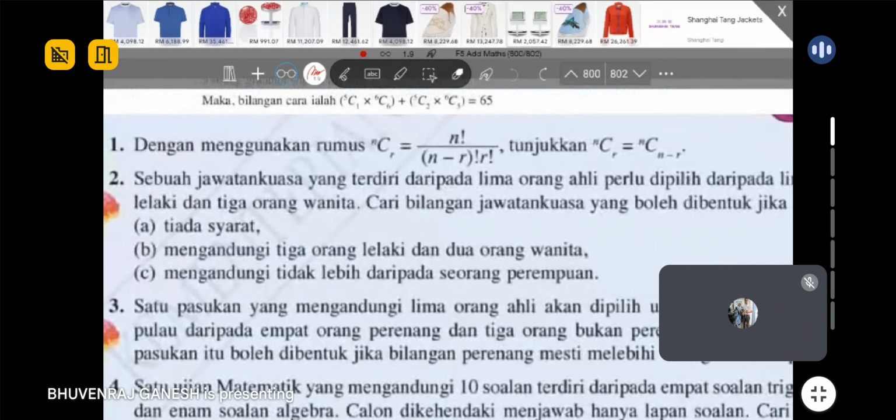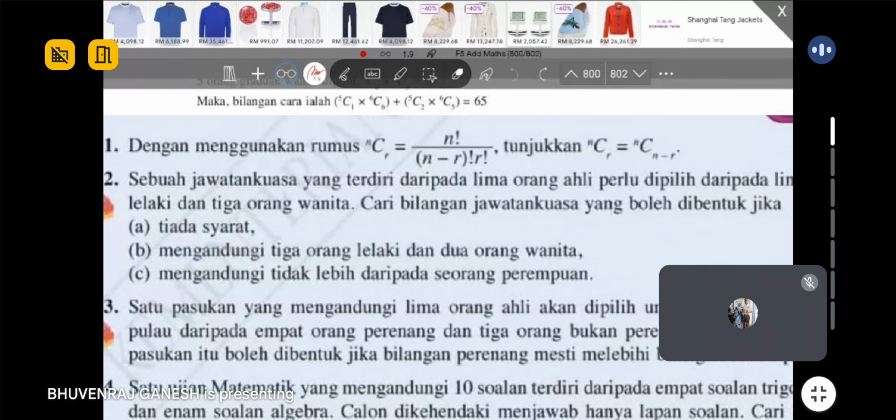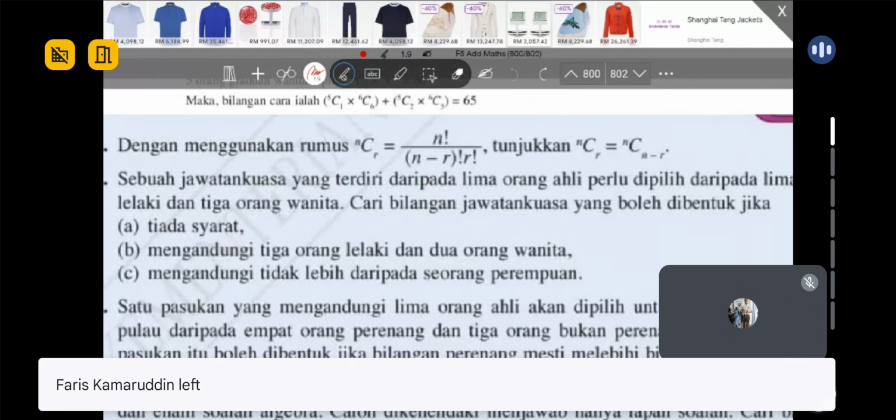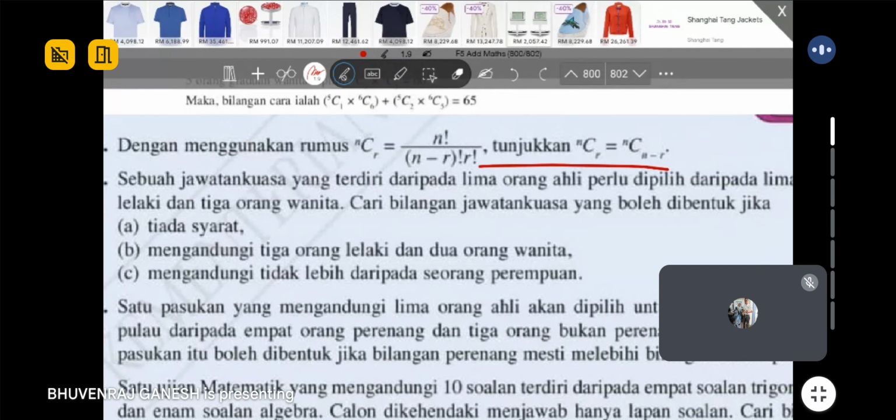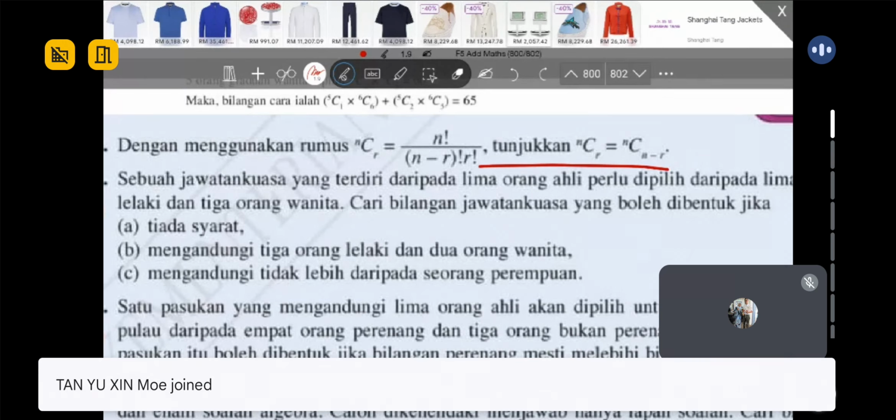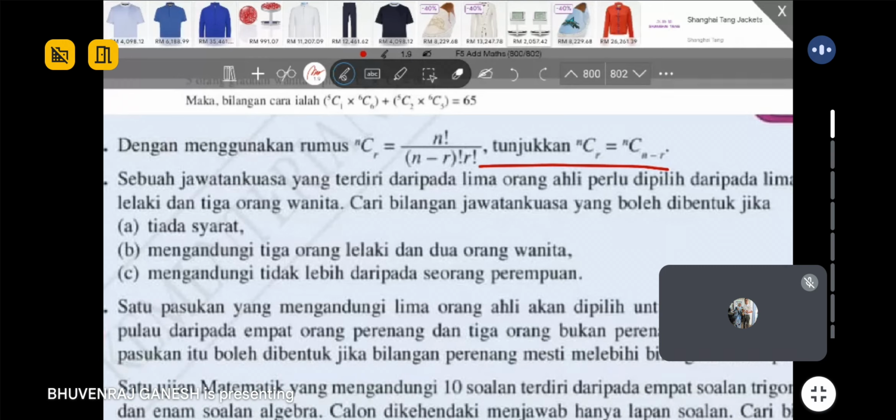So this first question is the most interesting one I want to discuss with you all. Okay guys, focus all of you over here. Not easy, tak senang. Proving question. Soalan buktikan rumus. So guys, if you get this kind of question in the exam, how are you going to start?